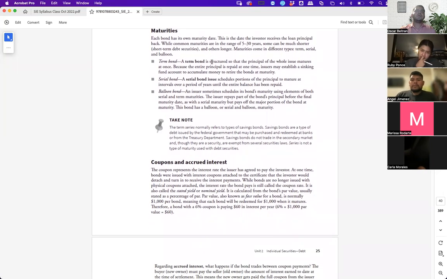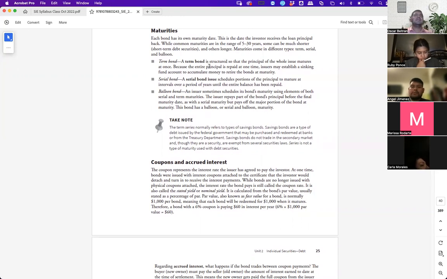Now this right here talks about the different types of maturities. So the first one here is going to be a term bond. A term bond is structured so that the principal, the whole issue, matures at once.